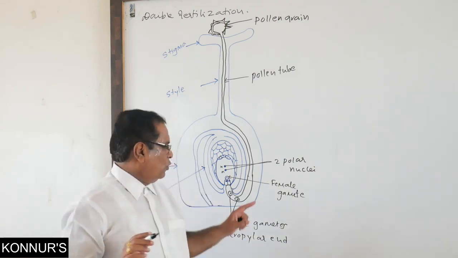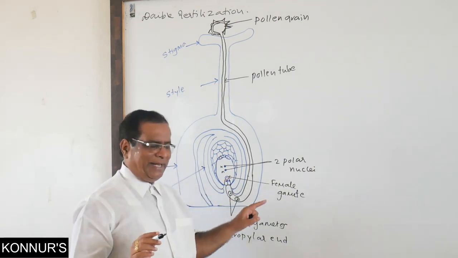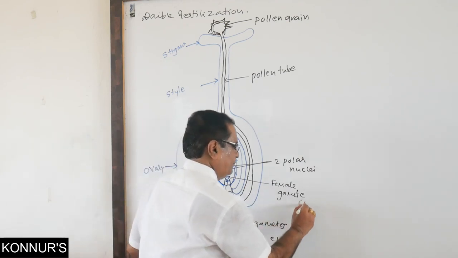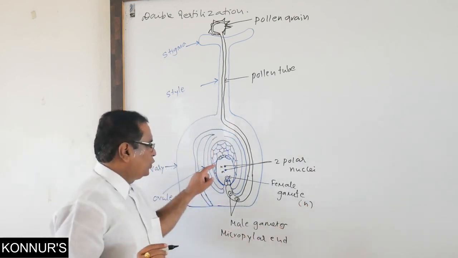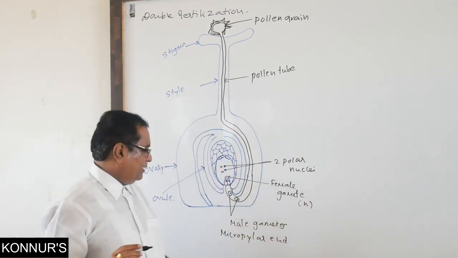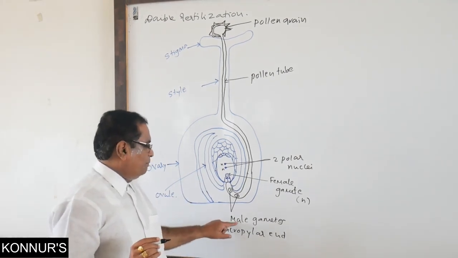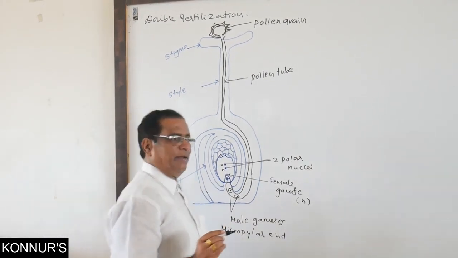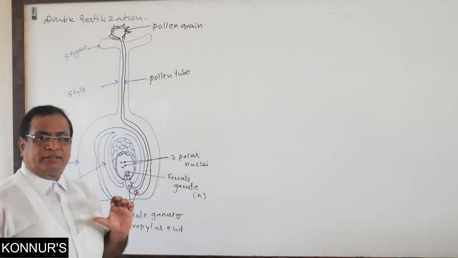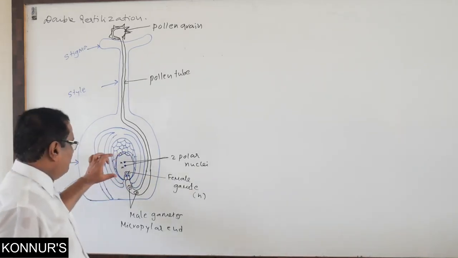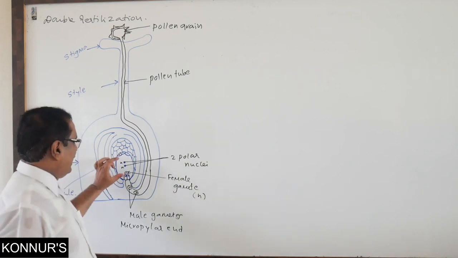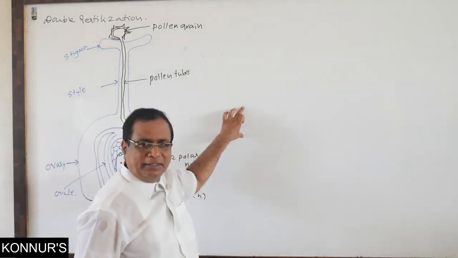Already we know there is one female gamete, that is the haploid egg cell, and 2 haploid polar nuclei, and 2 male gametes enter the embryo sac. Let us explain by drawing this embryo sac separately.